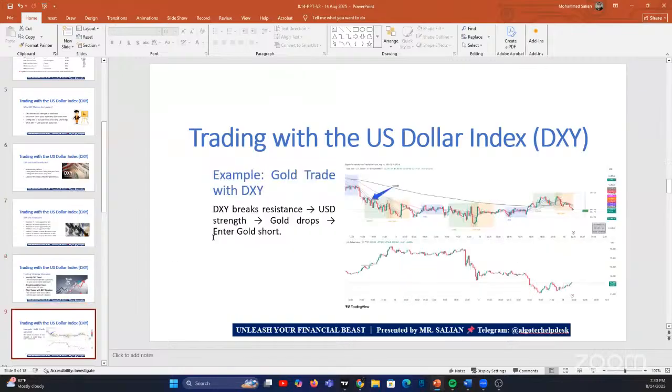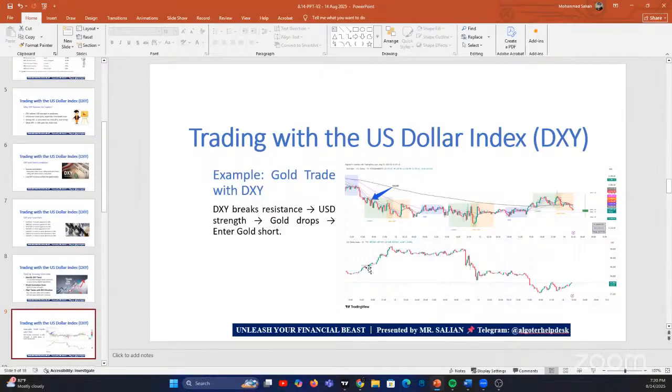So this is the example now. If DXY breaks the resistance. Where's the DXY? This is gold, this is the DXY in the chart. Now they are in separate panes, but you can combine this in the chart, as I will show you later on. So for example, there's the resistance there on the DXY.